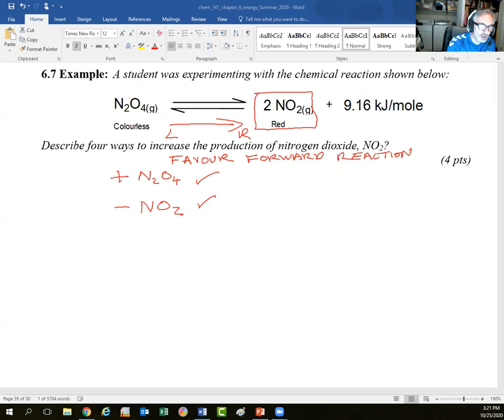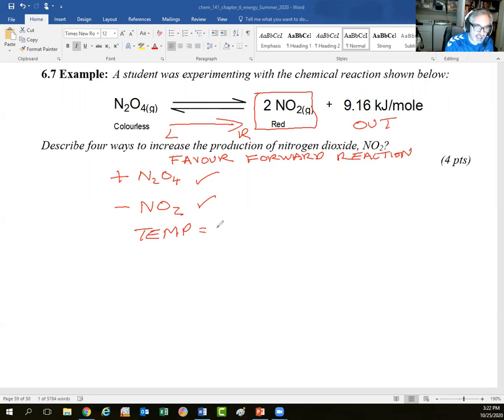We could also change temperature, but we need to know what kind of reaction the forward reaction is. Forward reaction starts with the N2O4, it finishes with NO2, and this energy being given out is written amongst our products.